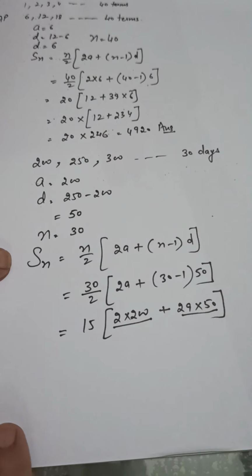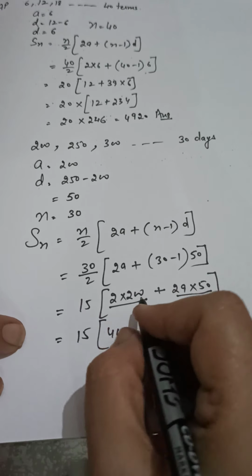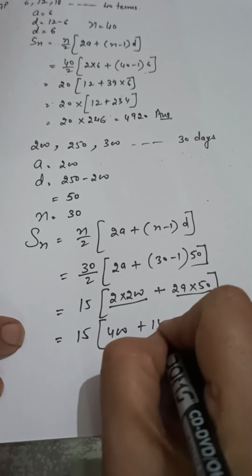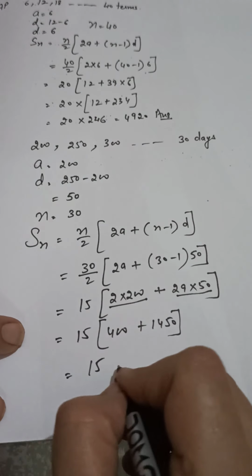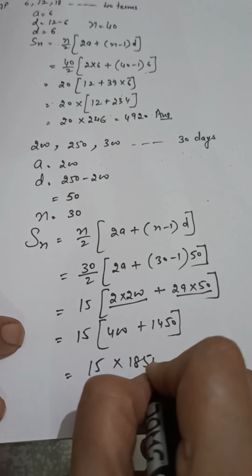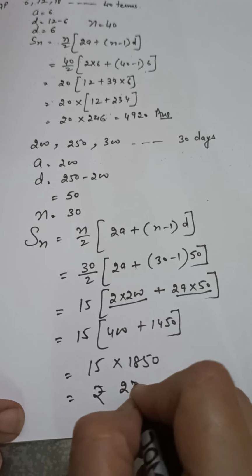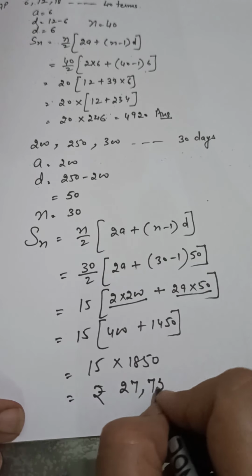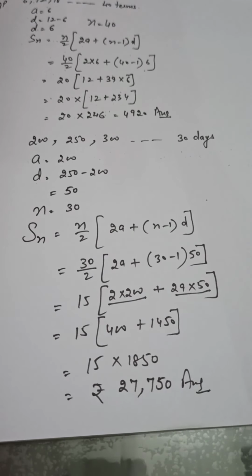Multiply these two also. We get 15 times 400 plus 1450. That means 15 multiplied by 1850, and that is your answer, rupees 27,750 he has paid as a penalty.